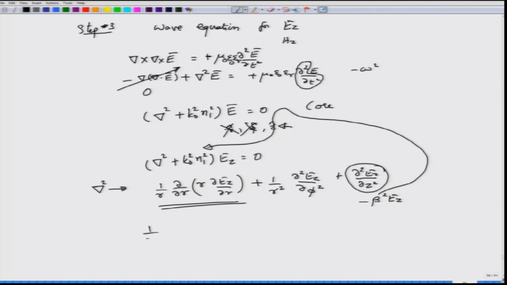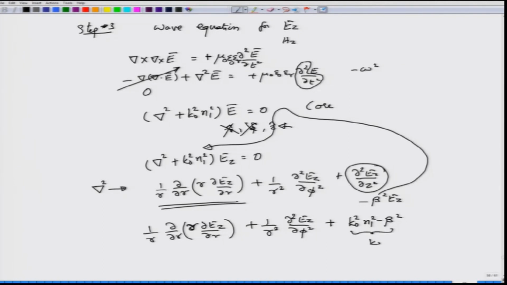So, what I have is this simplified equation which depends only on r and phi. So, this is r actually. So, please keep this in mind, these are not gammas, these are actually r, and then you have del square Ez by del phi square plus k0 square n1 square minus beta square, which of course, as we have described can be rewritten as kappa square.